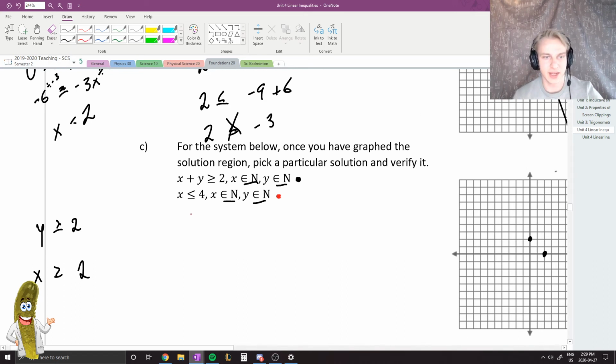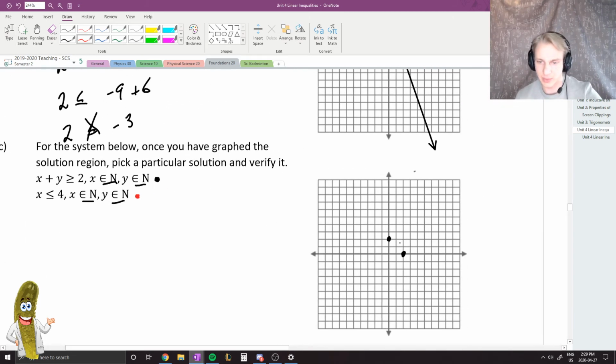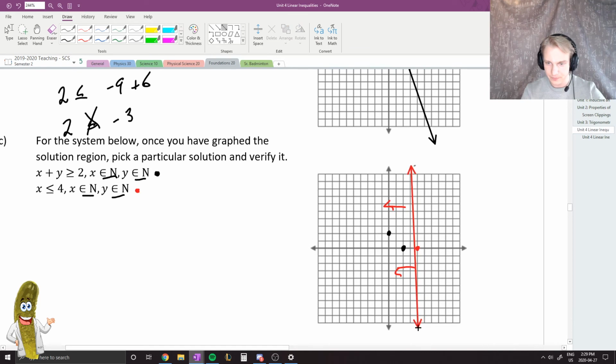And then looking at the second equation here, we have x must be less than or equal to 4. And so I would count up 1, 2, 3, 4. I know that it's going to be less than or equal to, so on the left side, going that way, of that point there. So I'm going to draw a straight line down. And I'm going to move this one over here, just like that.